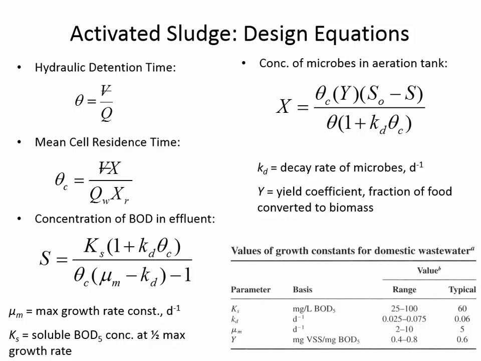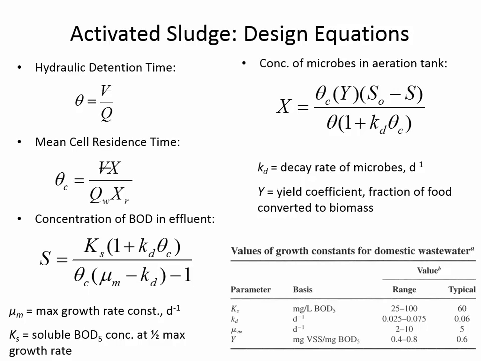This table that's shown in the lower right is some kinetics data. And you can get this kinetics data by going to a table like this, or if you're setting up a treatment plant for the first time in a city, they would usually do some bench studies and try and take samples of the wastewater and study it to find out how quickly the BOD is breaking down food, how quickly these types of bacteria are growing, what's their death rate, and so on.